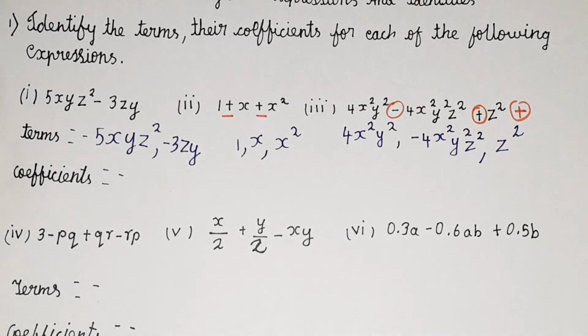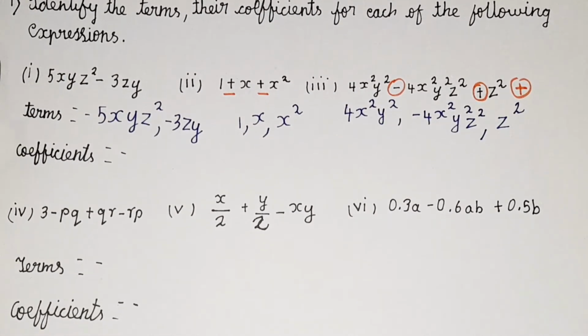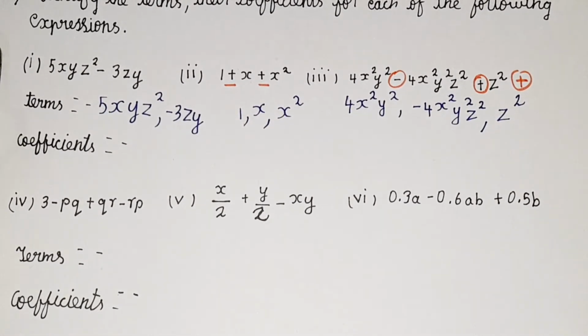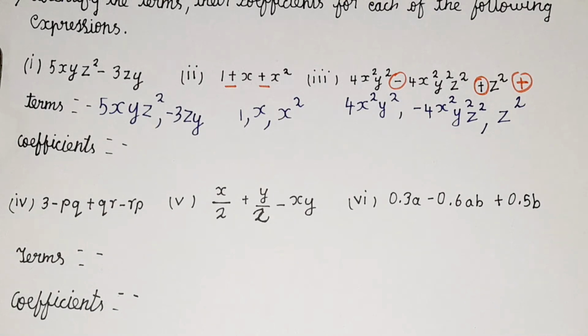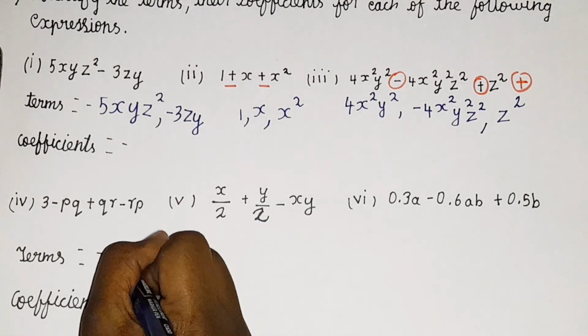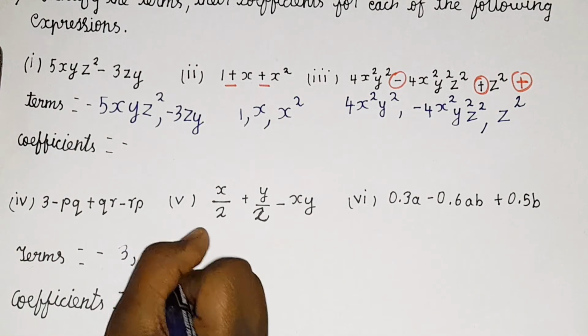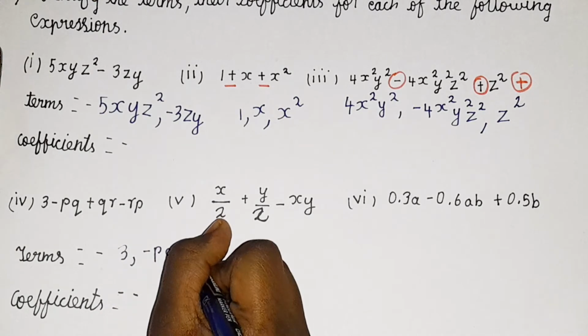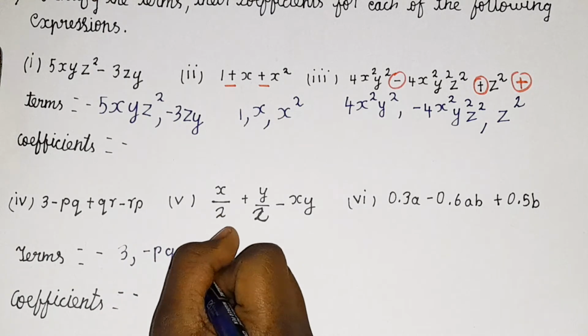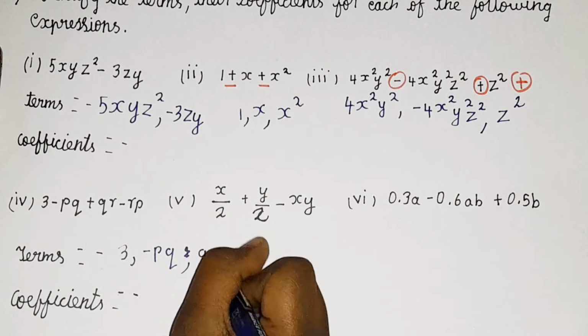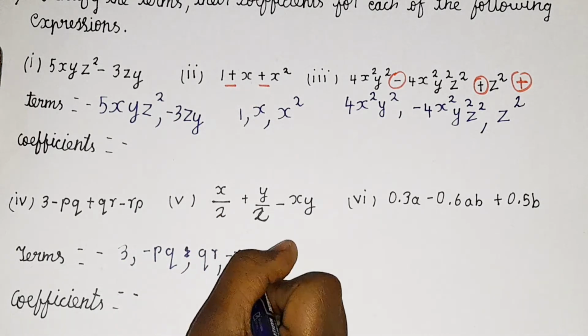Now let's see the fourth subdivision: 3 minus PQ plus QR minus RP. Here also it's easy. The terms are 3, comma, minus PQ, comma, QR, comma, minus RP.